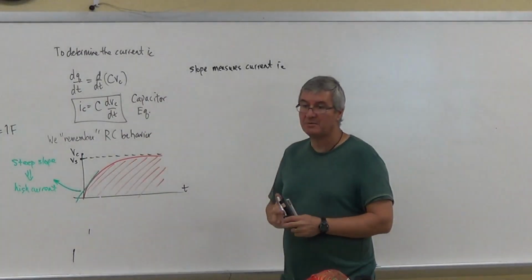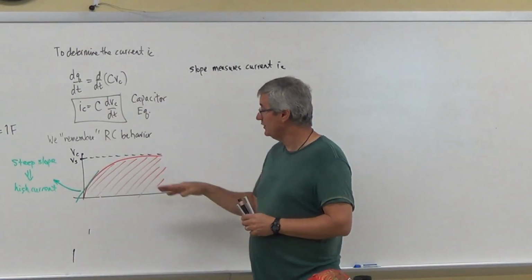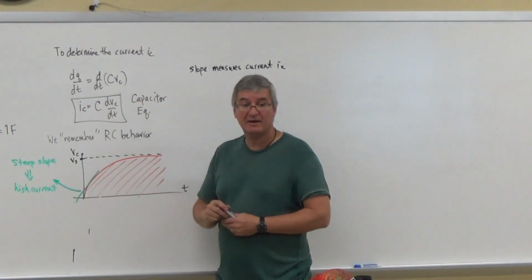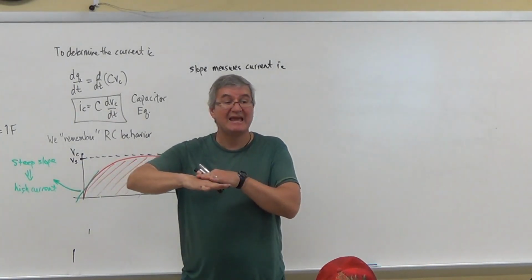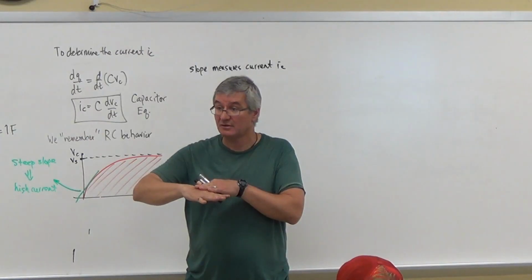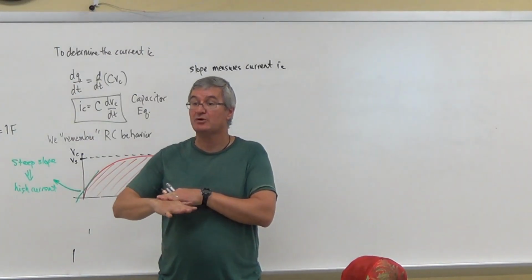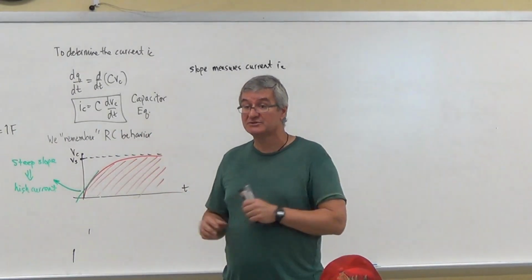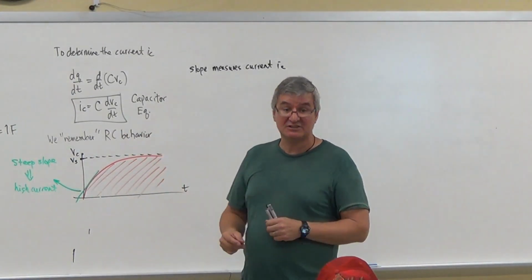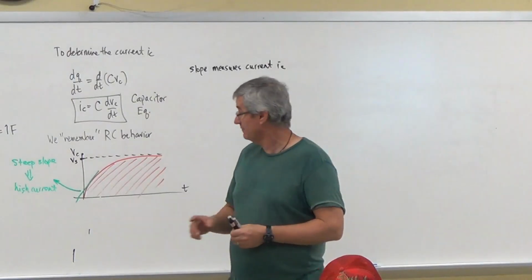And I'm sure you remember this from 4B. The reason the current is so high is that when I look at that parallel plate, it's empty of charge. You've probably heard the theater analogy. Once they open the doors, people rush in. It's easy to find seats in the theater.